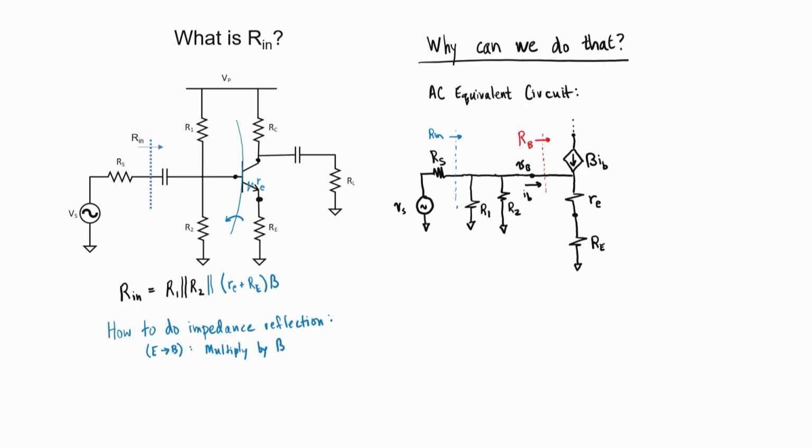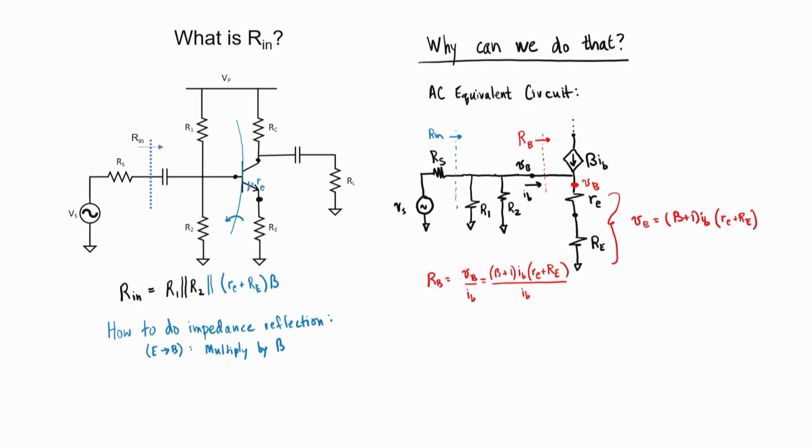The equivalent resistance, R sub B, is just the voltage at the base divided by the current into the base. I can take note that the voltage here is just the base voltage, and I intend to apply Ohm's law across these two resistors. V equals IR, and I here is beta plus 1 times I sub B. I can plug the voltage into my equation for the resistance here.